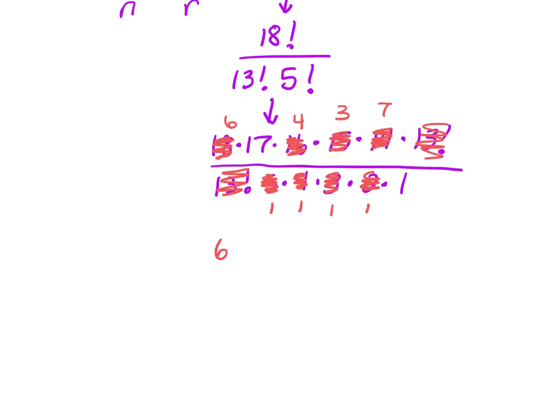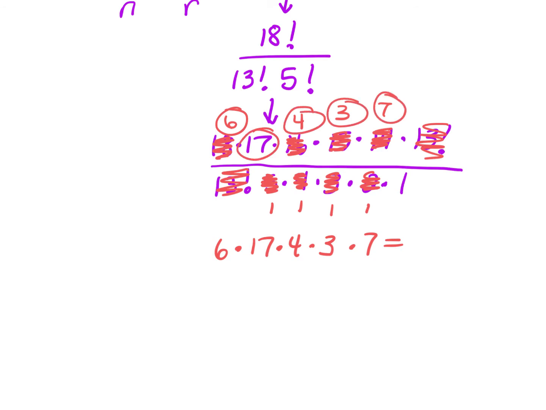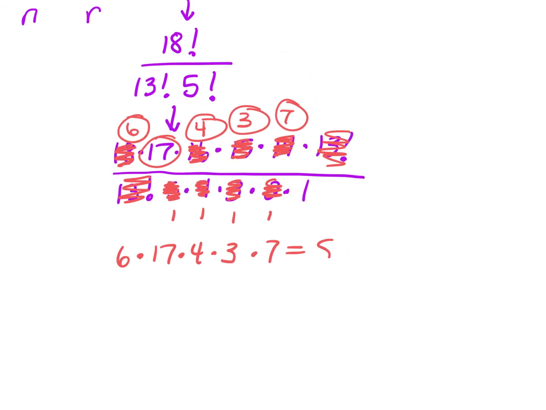And then I would rewrite and I'd say 6 times 17 times 4 times 3 times 7, all right? If you want to, circle them so you don't miss any. Did I miss any? All right, let's multiply that out. Hang on. I got 8,568. And that's my answer.